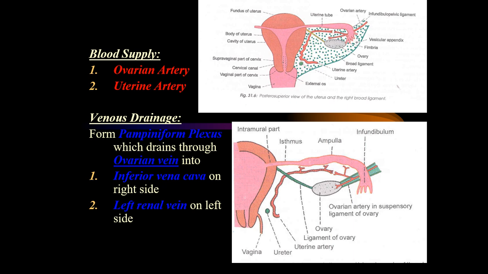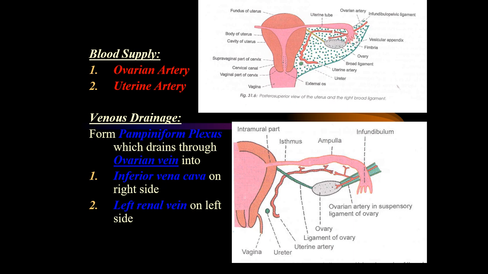On the right side, it drains into the inferior vena cava, and on the left side, into the left renal vein. There is a difference in the ovarian vein draining on the right and left sides. On the right side, it drains directly into the inferior vena cava, and on the left side, it drains into the left renal vein, and from there into the inferior vena cava. So this is the difference.